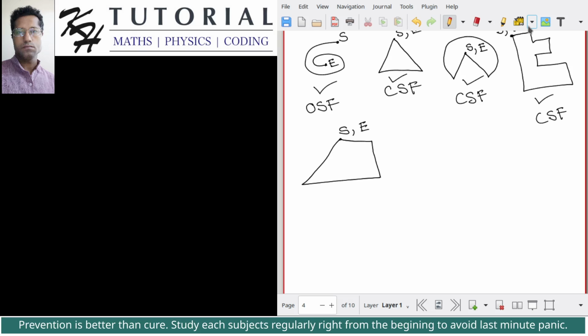It has to be any other point. We never say that at that point the figure is intersecting with itself.